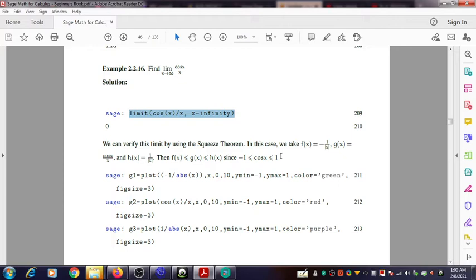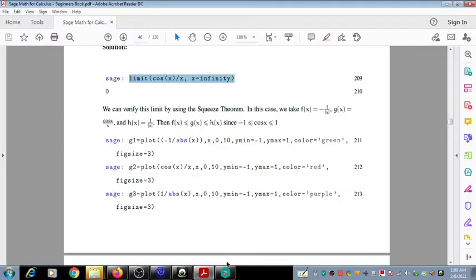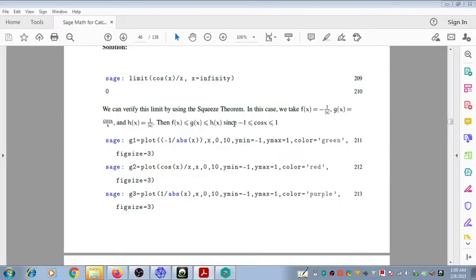Due to this inequality, you can divide throughout the three quantities by the modulus of x.